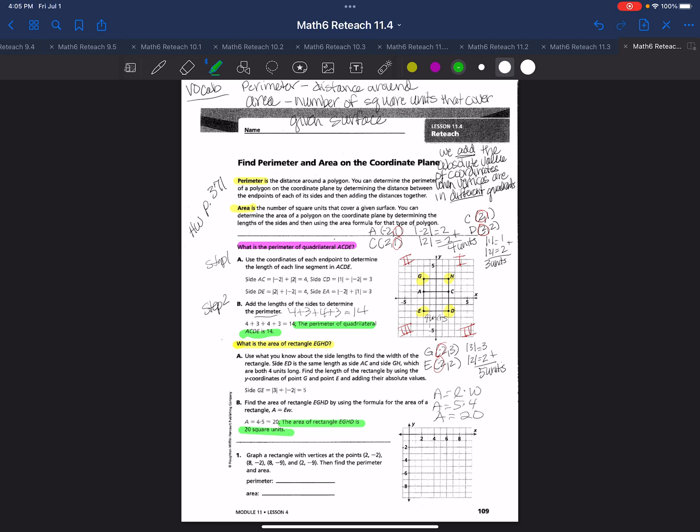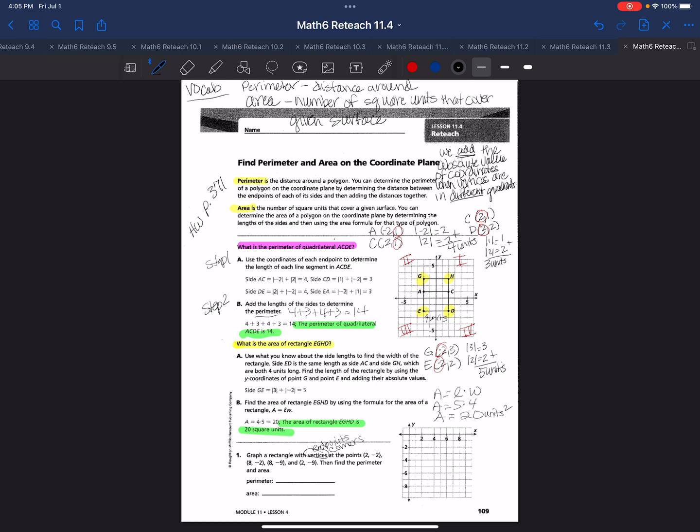Let's do the problem below. And make sure when we're doing area that we do units squared. It says graph a rectangle with vertices. Those are your endpoints. Those are your corners. It's all called the different words here.